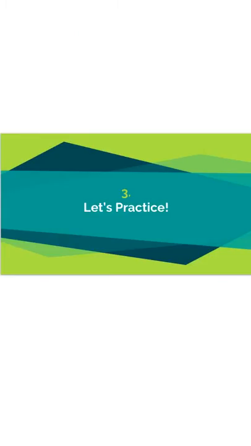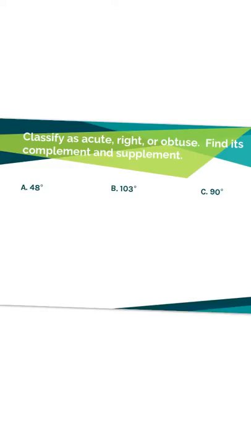Now let's practice. The directions are to classify each angle as acute, right, or obtuse, then find the complement, and then find the supplement. Remember, complement means it adds up to 90 degrees, and supplement adds up to 180.